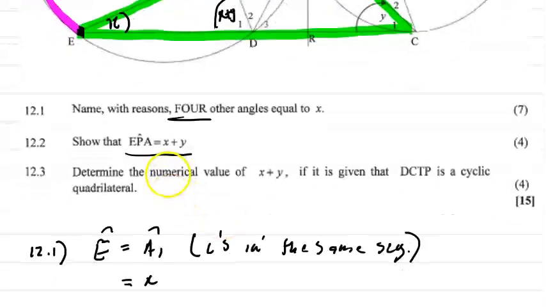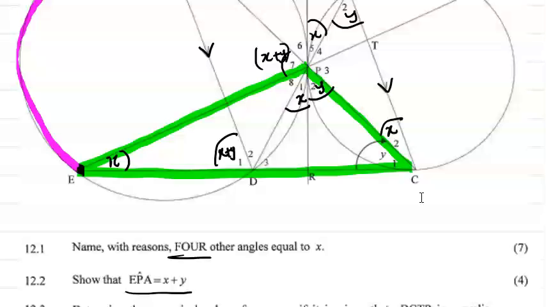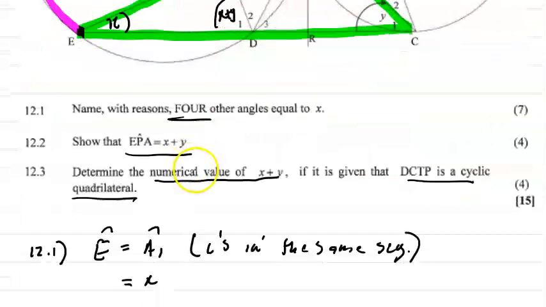12.3, determine the numerical value of X plus Y if it is given that DCTP is a cyclic quadrilateral. So we have to know the properties of the cyclic quadrilateral. One of the properties they want to test here is that the opposite angles of a cyclic quadrilateral are supplementary. So let's look at what cyclic quadrilateral we are talking about: DCTP.